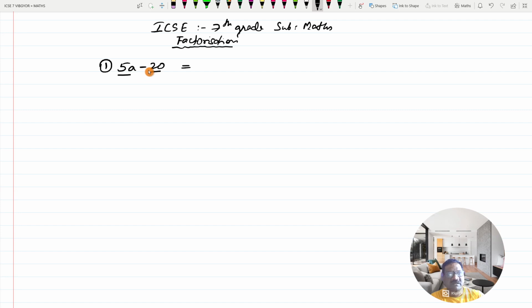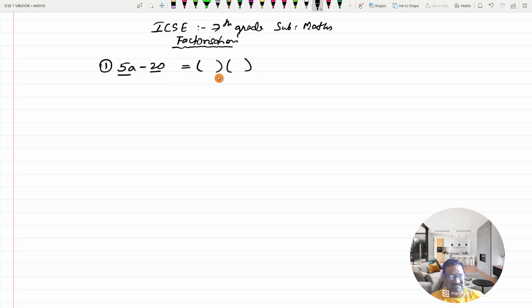And I told you, whenever two or more terms are separated by a plus or a minus, not by multiplication and division, okay, by plus or a minus, then such an expression can be converted into an expression which is in terms of the product of two terms. Okay, so something into something. When you do that, actually you have done factorization.